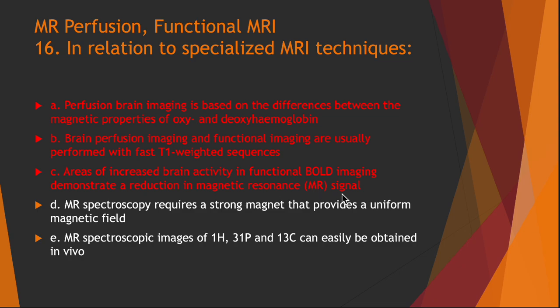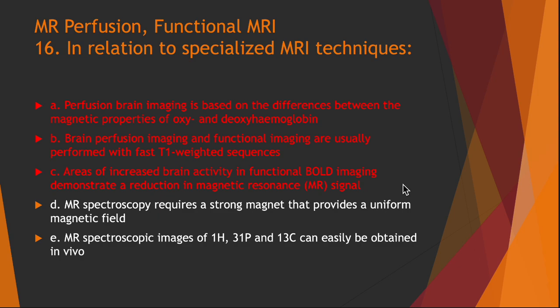The answer is false, because I'll tell you that oxyhemoglobin is diamagnetic, deoxyhemoglobin is paramagnetic. So what is happening in case of BOLD sequencing? There is increased deoxyhemoglobin, and just to fulfill that effect, there is more oxyhemoglobin.